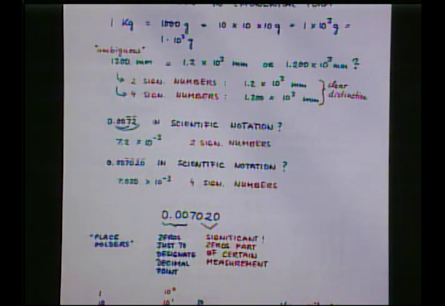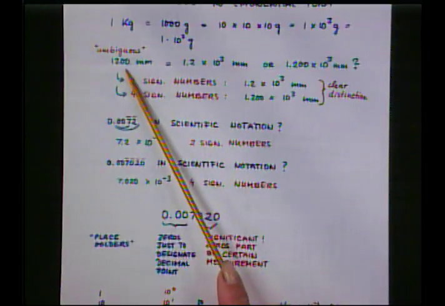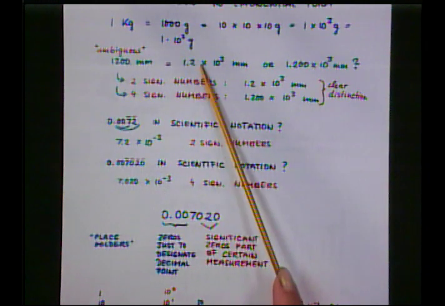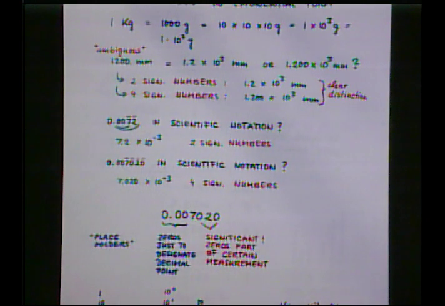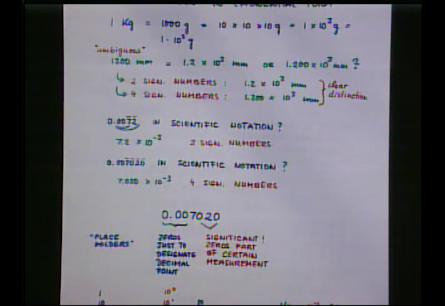Now, if the zeros were just placeholders, just important to show that the 1 and 2 are in the thousands and hundreds region, then I would not include them up front here because they're not part of the measurement. So it's 1.2 times 10 to the third power of millimeters. So you see how we can bypass this ambiguous situation.